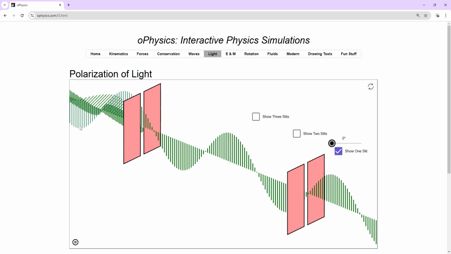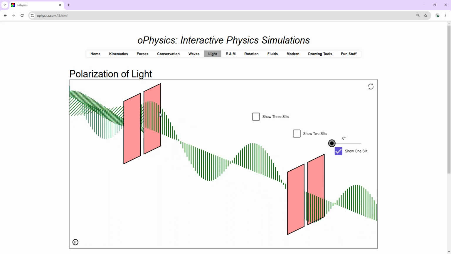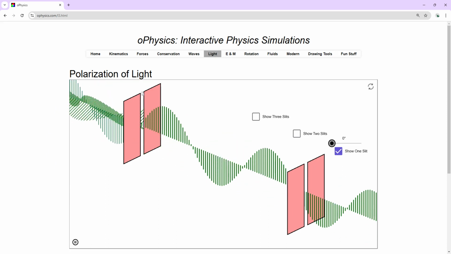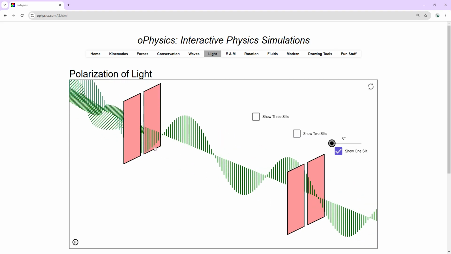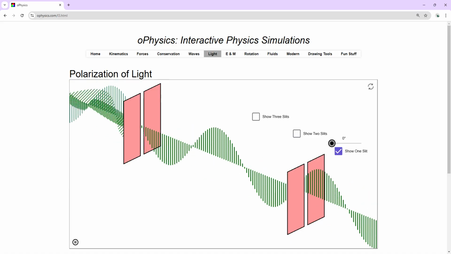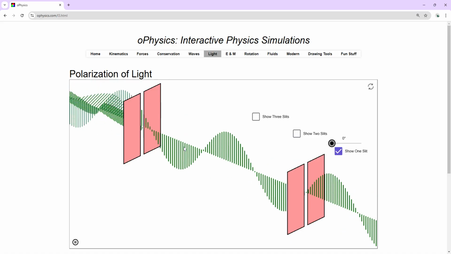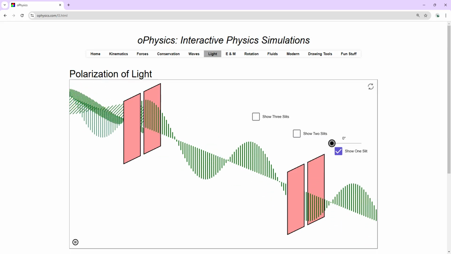But in that last direction, whether they are vertical or horizontal or in between, they are essentially randomly oriented. As they get to the first filter, you'll notice that this filter has a vertical orientation. You'll see that only the vertically oriented transverse waves are allowed through. You can't do this with longitudinal waves. This only works for transverse.